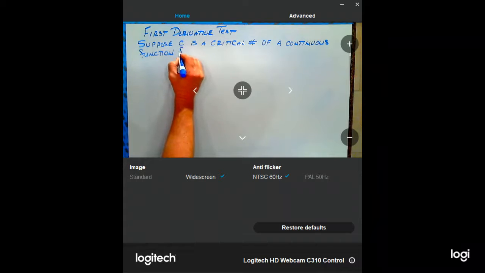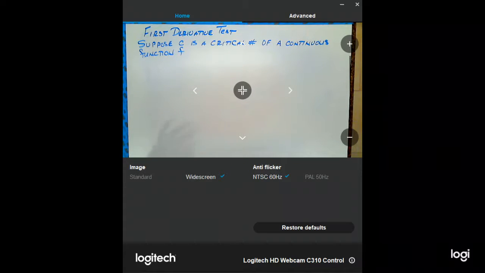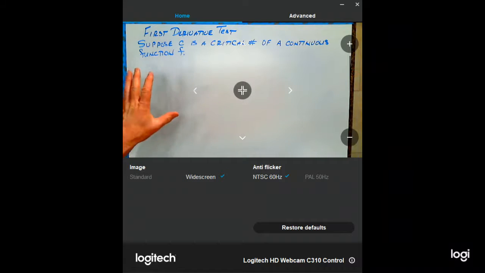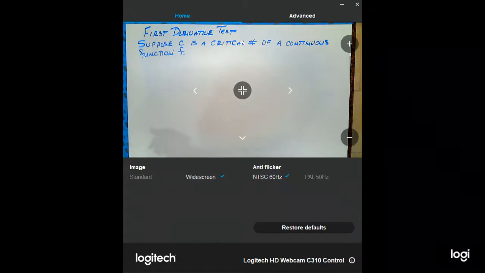Now don't forget, continuous means no holes, no jumps, no vertical asymptotes. We can draw without lifting our pencil. That's our friend continuity from back in chapter 2. So suppose c is a critical number of a continuous function f. Well, then there are three possible things that could happen here. We're going to write each of them down.